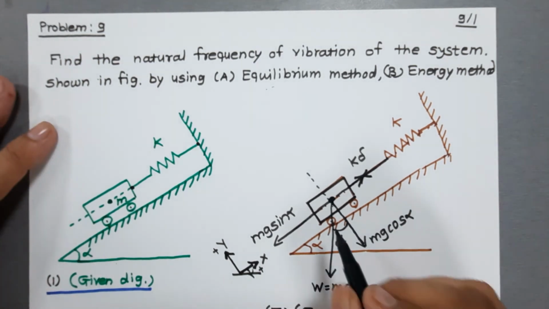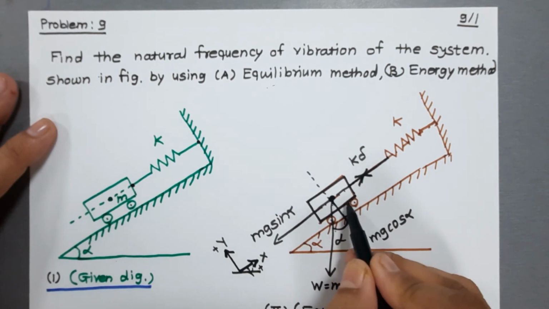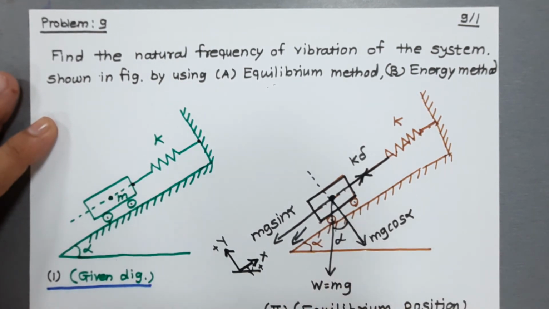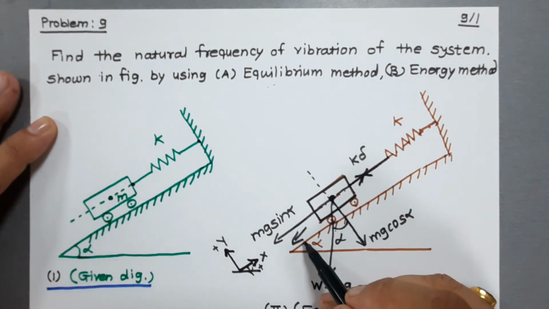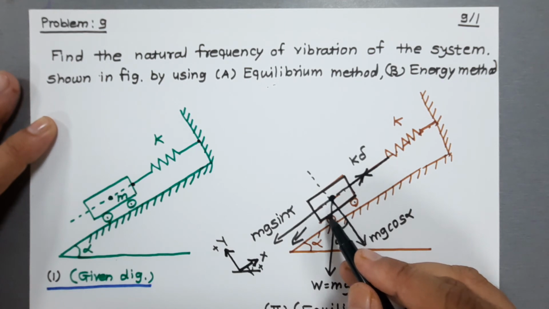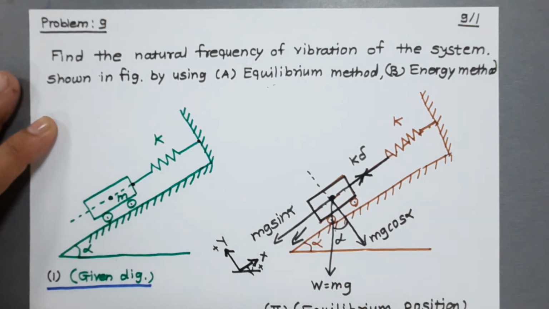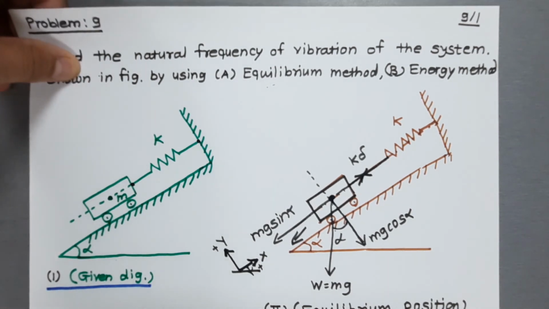Now what happens: as this mass has just two rollers, it definitely tends to move in this downward direction. When this mass moves in the downward direction, that means the displaced position, the spring will be stretched with an extension of x.